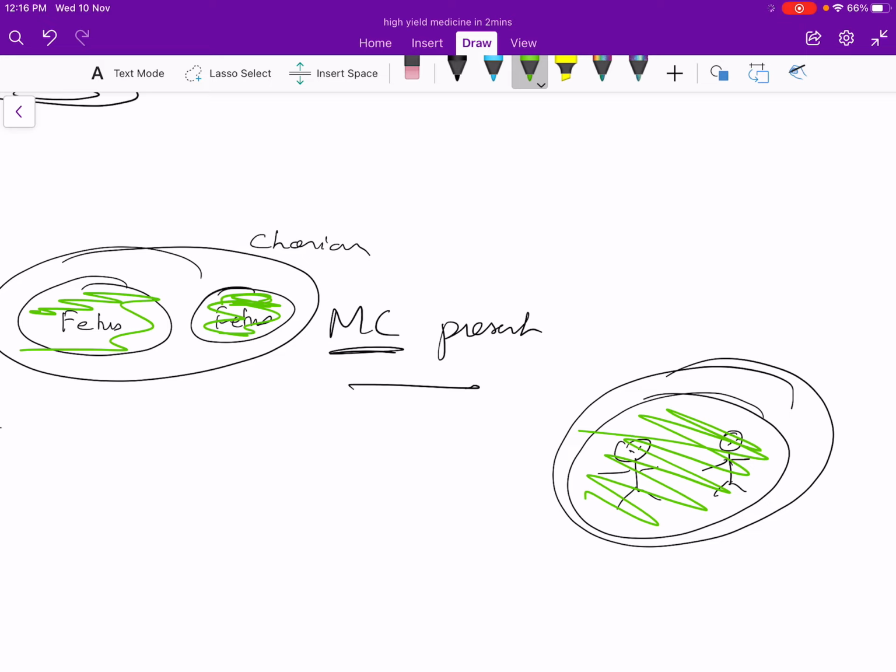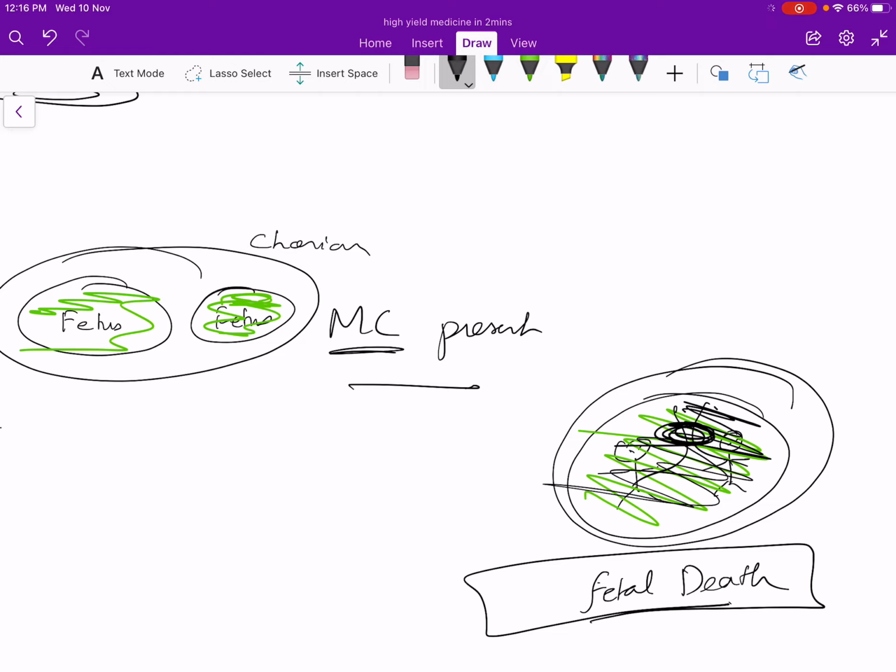This is a very high risk situation, because this could lead to high fetal death. Remember, it's fetal death because they both are in a single fluid, and they both have their own cords, and these cords can undergo entanglement, and it can lead to fetal death. So this is a very high risk pregnancy.